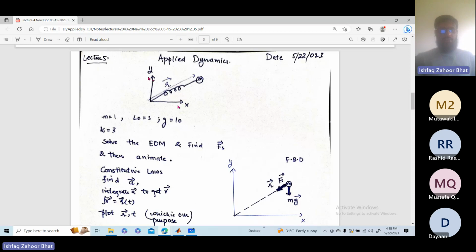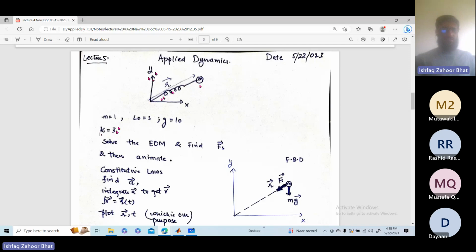I have drawn a rectilinear Cartesian system x and y, and this is the xy plane, and there is a mass m which is attached to the origin through a spring, and this spring has a spring constant of k, which you can assume to be anything.